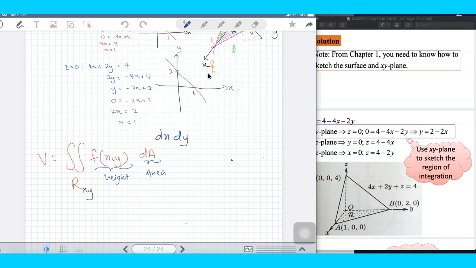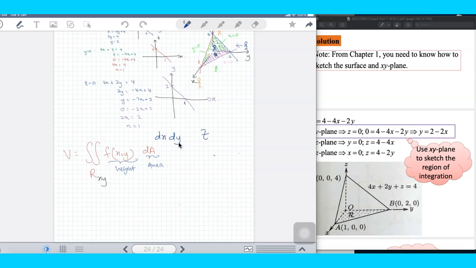Now ask yourself, what other variable is not in the list yet? You already used the X and Y for the area. You can have the X from the dx and the Y from the dy. So what other variable is missing here that you haven't used yet? It is Z, right?